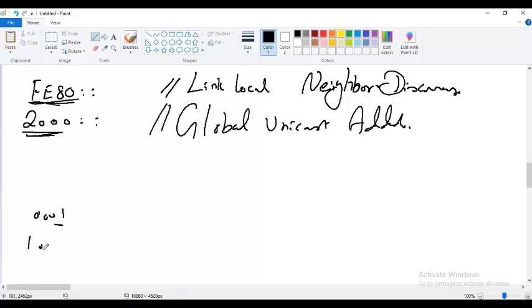See, in the year of 2000, some of you might have not even been born. In the year of 2000, this became standard. IPv6 became standard. In order to remember that, starting from 2000 is what is used.